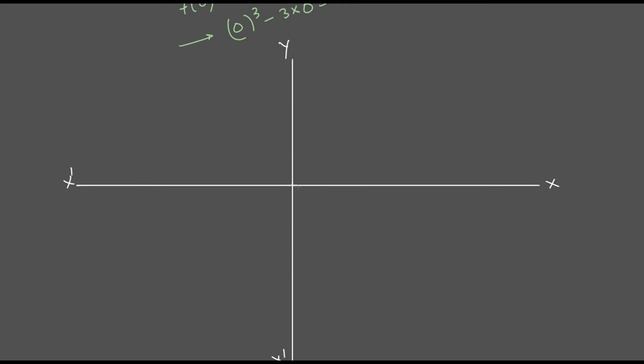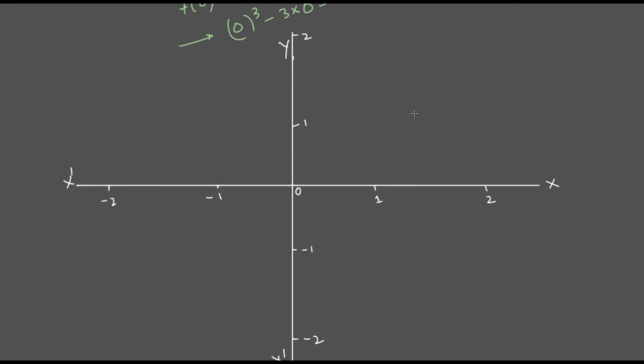And we get 0 here, 1 here, 2 here, and 1 here, and a little more, 2 here, and minus 1 here, and minus 2. Just drawing it roughly. Now let me draw the graph.